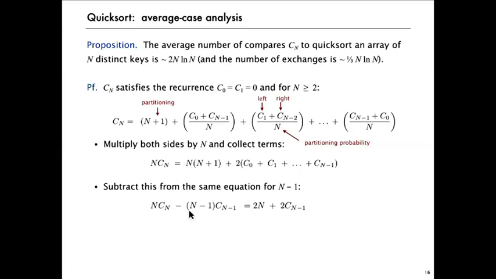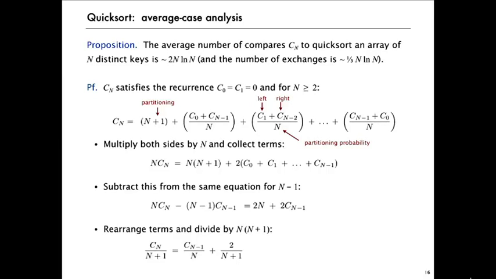So NCN minus n minus 1 Cn minus 1, and then the n times n plus 1 minus n minus 1 times n is just 2n, and then the sum collapses, just leaving the last term. This sum minus the same sum for n minus 1 just leaves the 2Cn minus 1. Now that's looking like a much simpler equation.